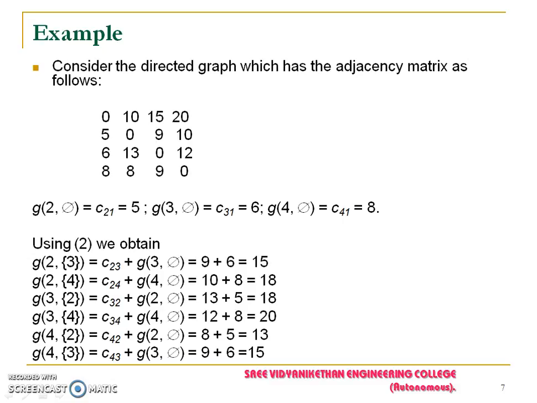When the size of set S is 1, g(2, {3}) is C23 plus g(3, null), which is 15. Similarly, g(2, {4}), g(3, {2}), g(3, {4}), g(4, {2}) and g(4, {3}) are calculated, whose values are 18, 18, 20, 13, 15 respectively.